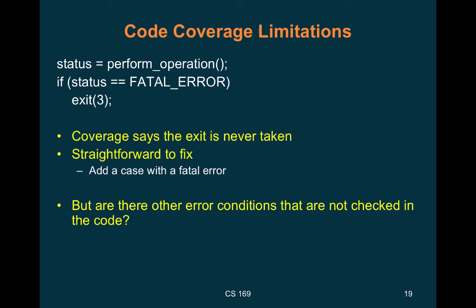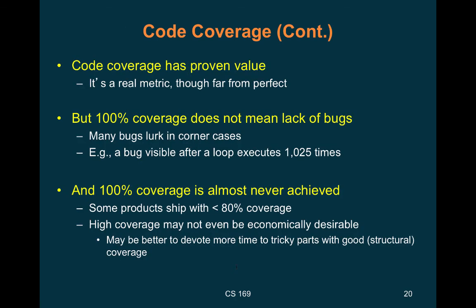What if this perform operation returns another, even more fatal error, let's say, and you forgot to write the code for it? Code coverage will never tell you about code you forgot to write. It's a bug, but it's not a bug you can do anything about, because it only looks at the code you wrote and finds out how much of it you tested. It cannot do anything about the code you forgot to write. This is a very significant problem.